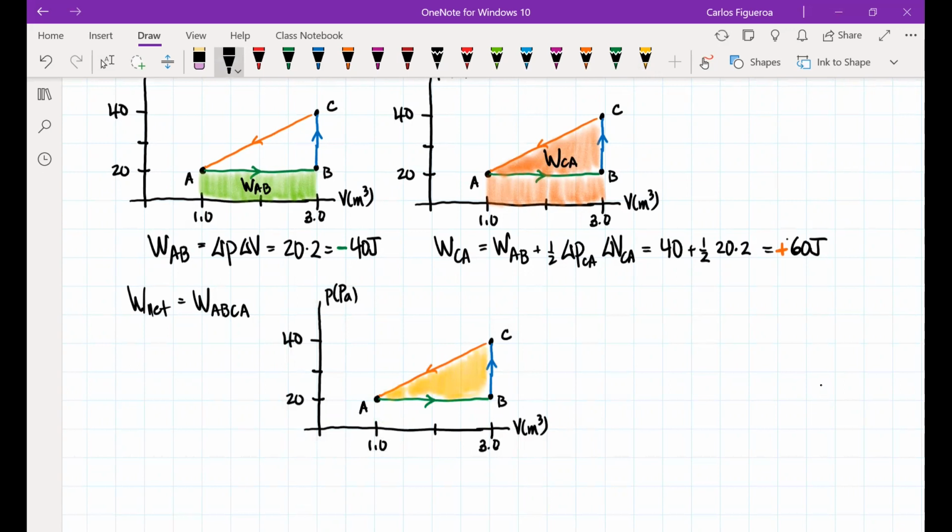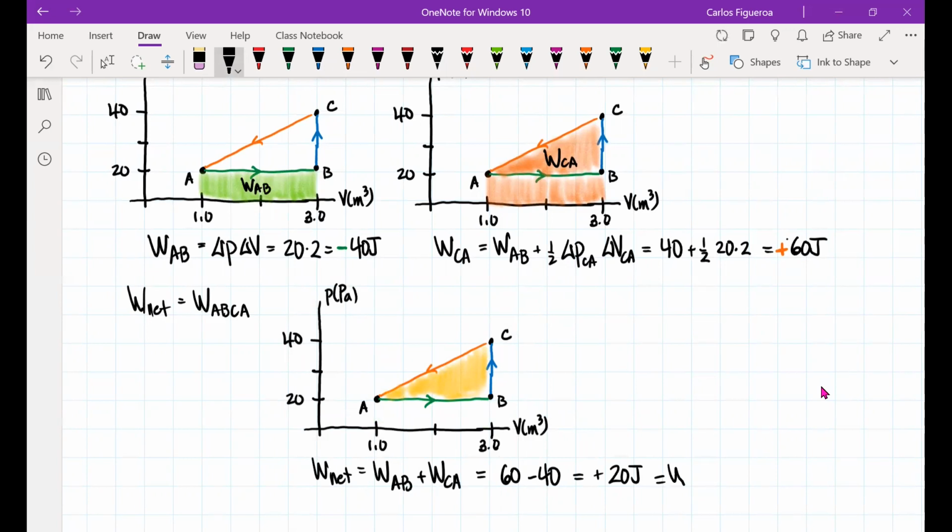So in this case, the net work should be the work from A to B plus the work from C to A, which gives me 60 minus 40, which should give me positive 20 joules, assuming that my numbers are correct.